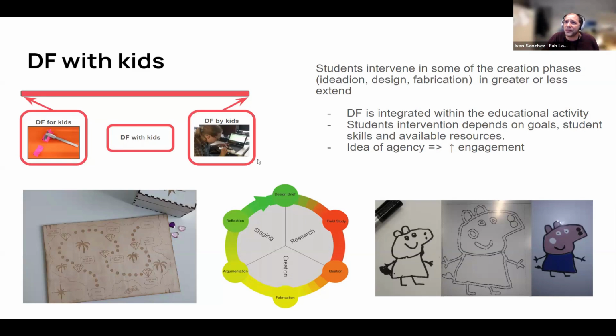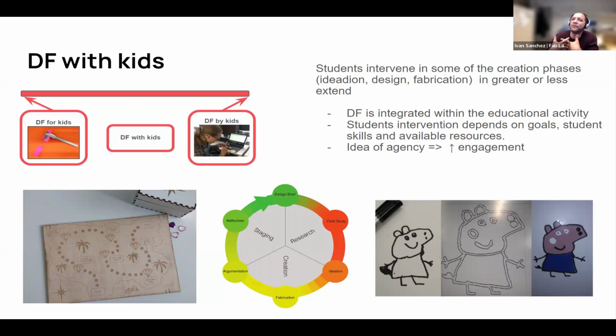One of the advantages of using digital fabrication among other methodologies is this idea of agency. In the end, when you are fabricating something, you build something on your own, and you feel a little bit more engaged in the process.